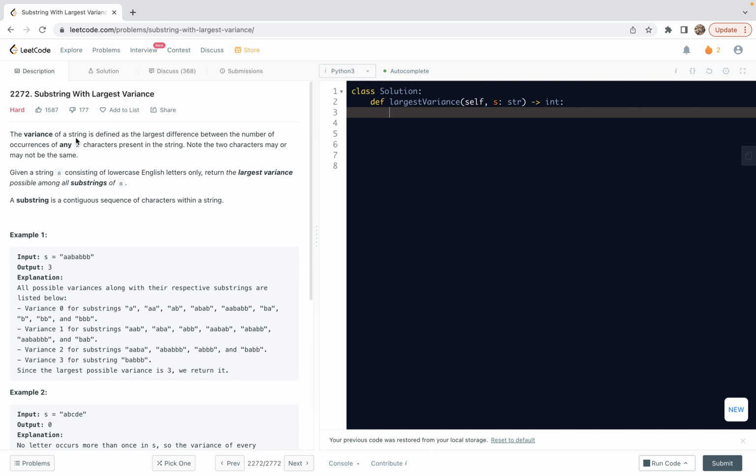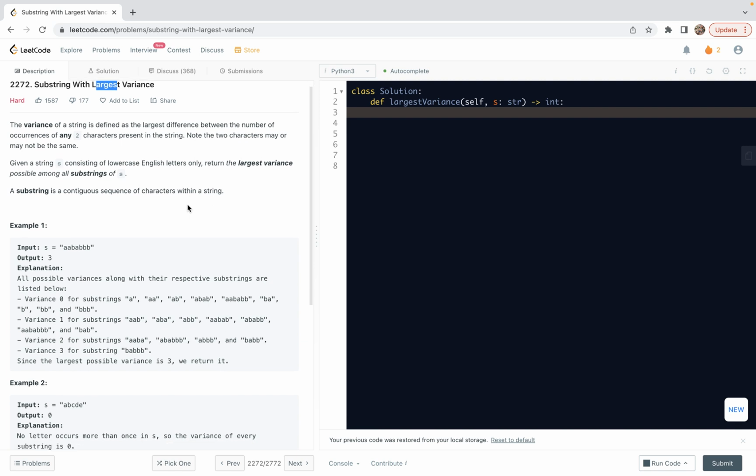But for this problem, we want to find the largest one, so we cannot just consider the same character. Given a string S consisting of lowercase English letters only, return the largest variance possible among all substrings of S. A substring is a contiguous sequence of characters within a string.